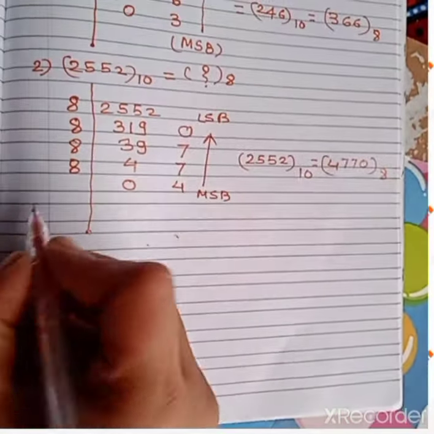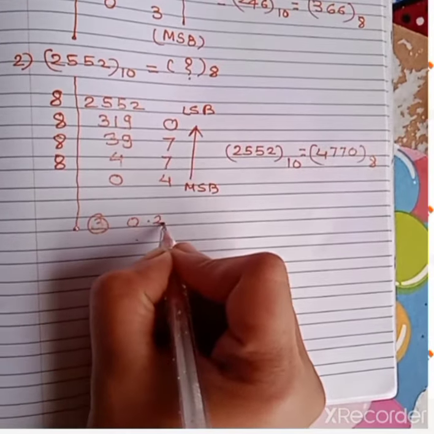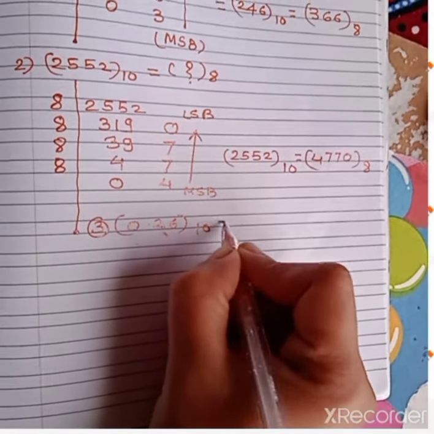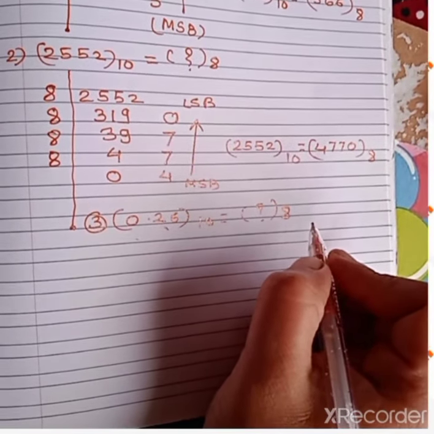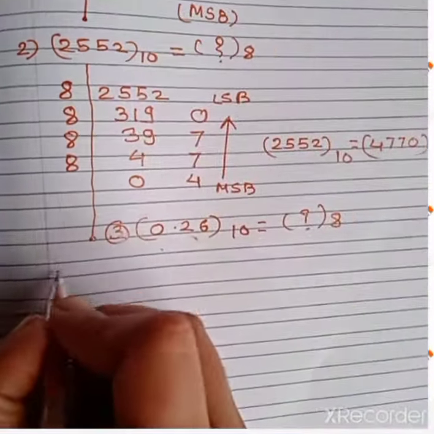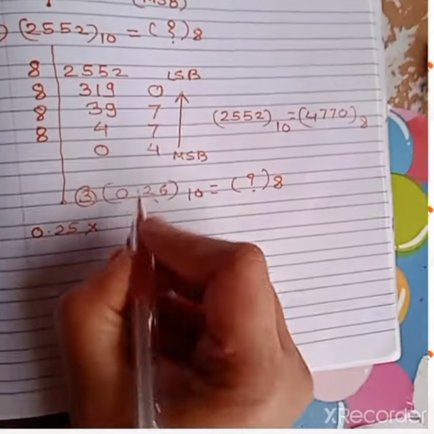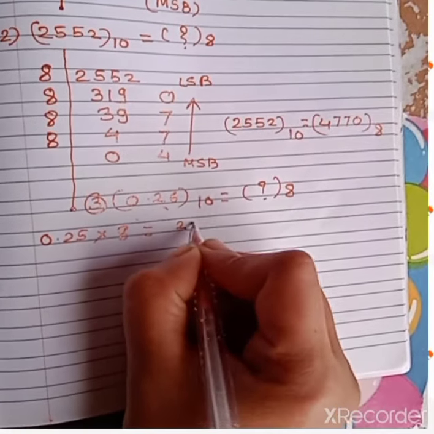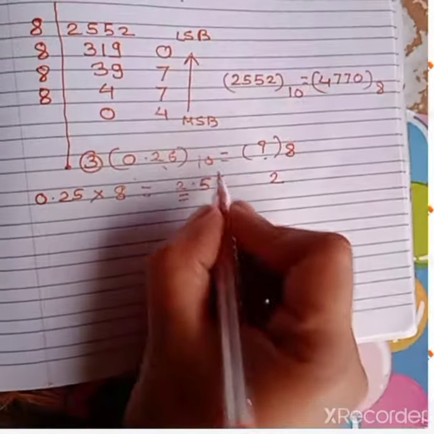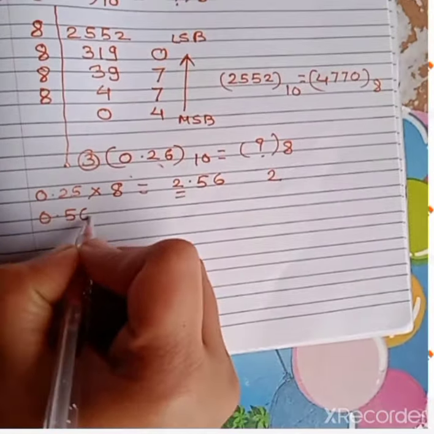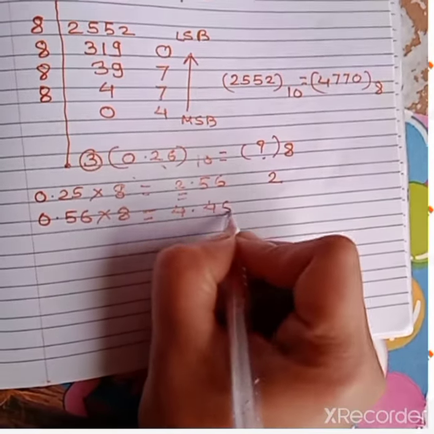Then we'll see the third example. 0.26 decimal. We have to find out the octal equivalent. So we'll multiply 0.26 into 8, which is equal to 2.08. Copy this 2 here. Take 0.56. Do the multiplication with 8. 4.48.